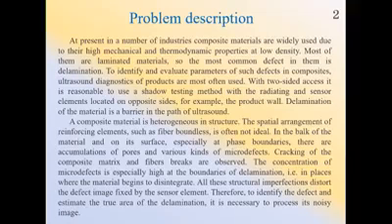Delamination of the material is a barrier in the path of ultrasound. A composite material is heterogeneous in structure. The spatial arrangement of reinforcing elements, such as fiber bundles, is also not ideal. In the bulk of the material and on its surface, especially at fiber boundaries, there are accumulations of pores and various kinds of micro-defects.